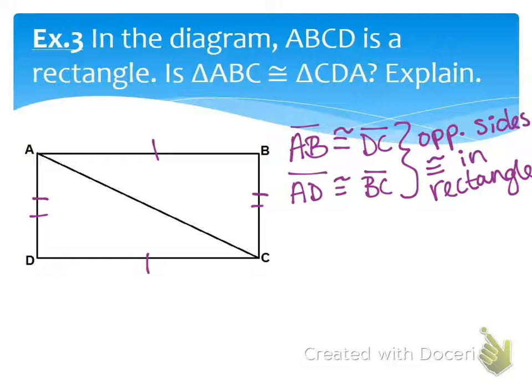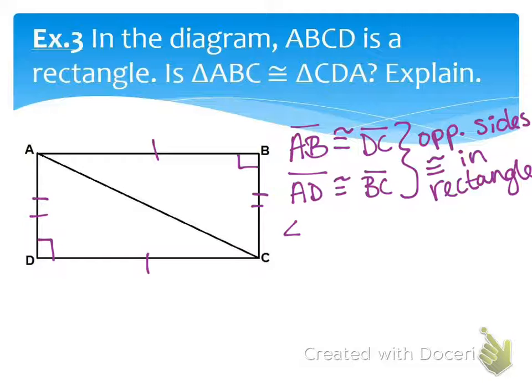But there's something else we know about rectangles. What do we know about the angles in a rectangle? They're 90-degree angles, or they're right angles. So the ones that would help me the most in this case would be to talk about angles B and D. So again, this isn't a formal proof. We're just kind of talking about our explanation.